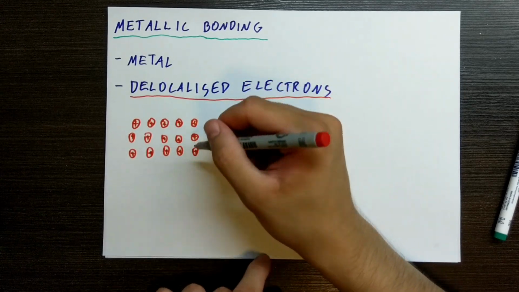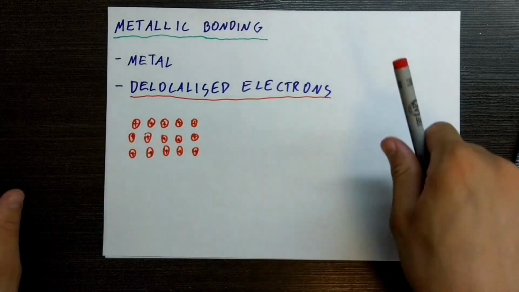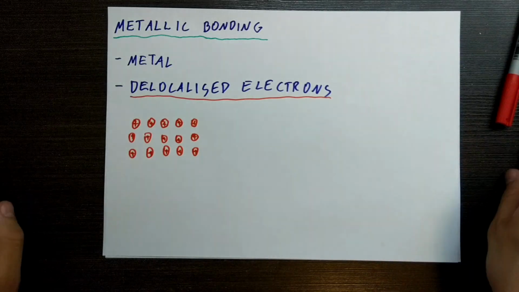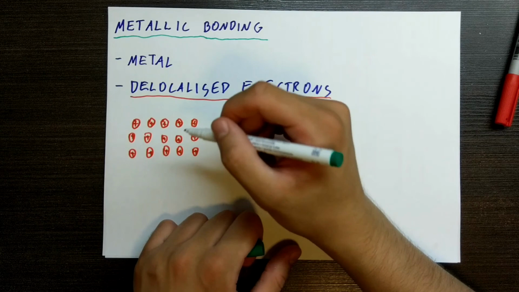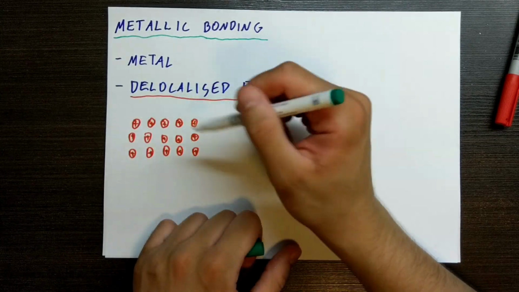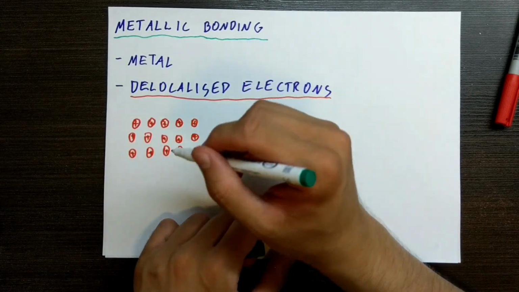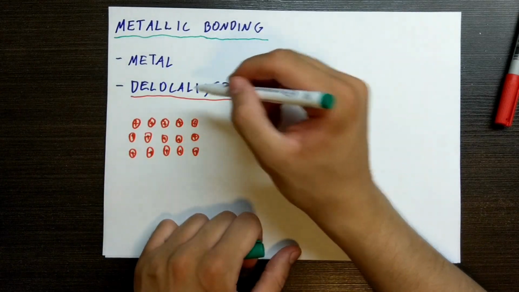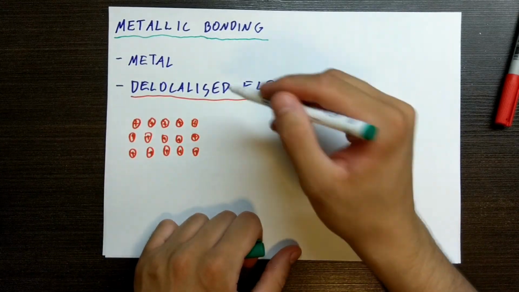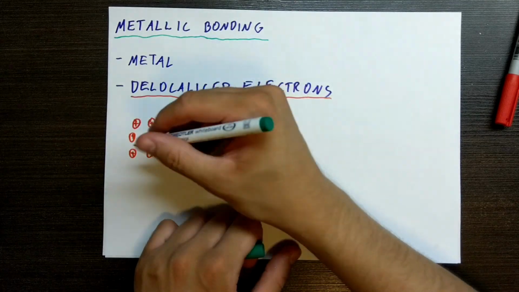And what happens to the electrons? Now previously we had electrons arranged in these distinct shells. However, here we don't have this shell. In metal solids, these electrons are said to be delocalized. And that's the whole theory behind metallic bonding.